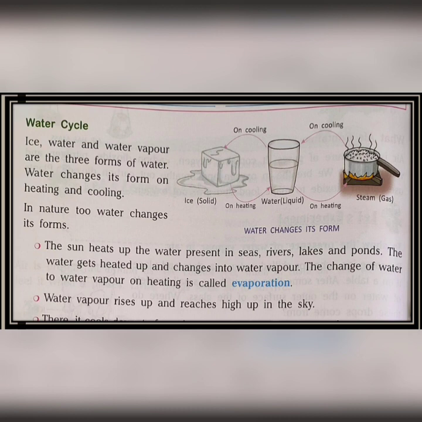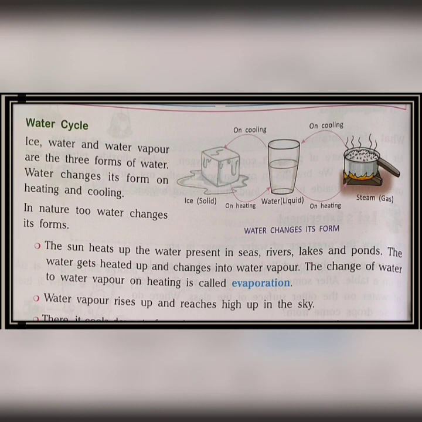The process is called melting. Then water on heating changes into water vapor or steam. It is called evaporation. Then water vapor on cooling changes into liquid. The process is called condensation. And the last one, when water gets cool, it changes into ice. It is called freezing.